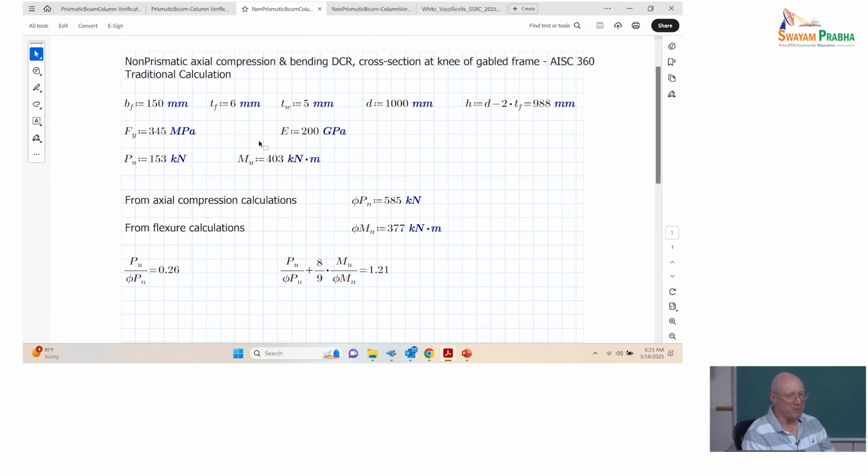Oh, you got to build a whole special model for this, loaded in concentric axial compression. I had a good question during the break. Wait a minute, in some of these non-prismatic cases, don't you put axial force on it and you get some bending because of the non-prismatic geometry? If you've got steps or transitions and so forth, you can't actually put axial compression on it without causing some bending somewhere along the length.